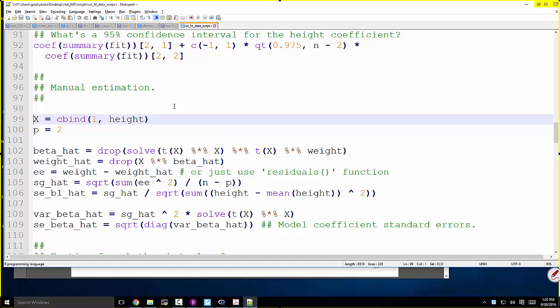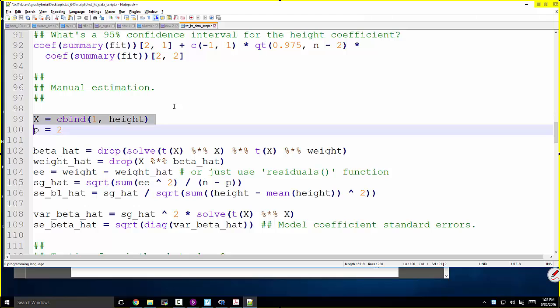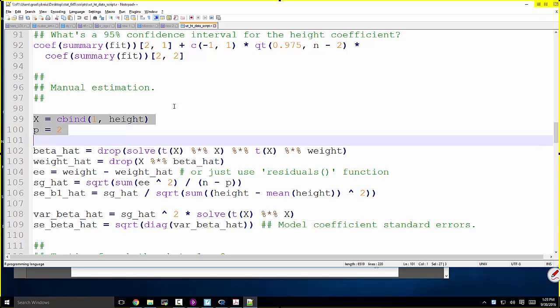So to do regression in that matrix representation, you need the design matrix, that capital X that's n by p. With a simple linear regression model, all we need is a column of 1s next to a column of the x's. So that's what I'm doing in this capital X definition.